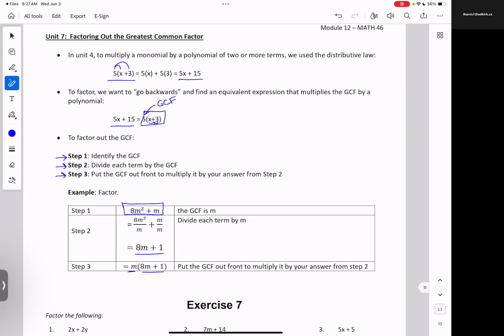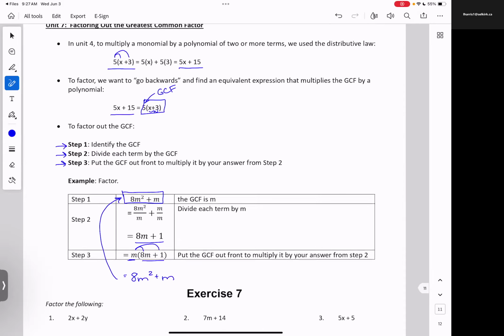If you wanted to double check your work, if we distributed out that m, we would end back up at 8m squared plus m, which is what you started with. So all we're doing is changing the form of these, so that later we can solve equations easier.